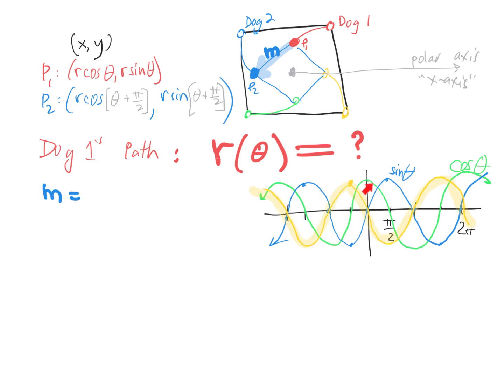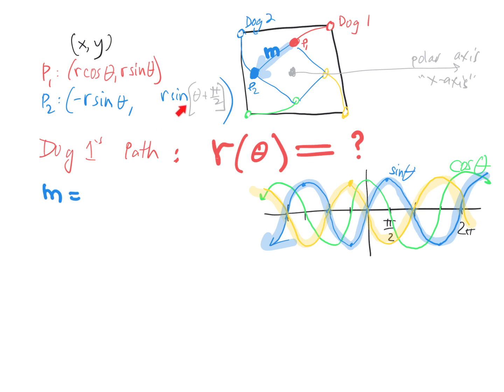Notice that the shifted curve, the yellow one, is the exact opposite of the blue curve. So cosine of theta plus pi over 2 can be replaced with the opposite of sine of theta. So we have r times a negative sine of theta, or in other words, negative r sine of theta.